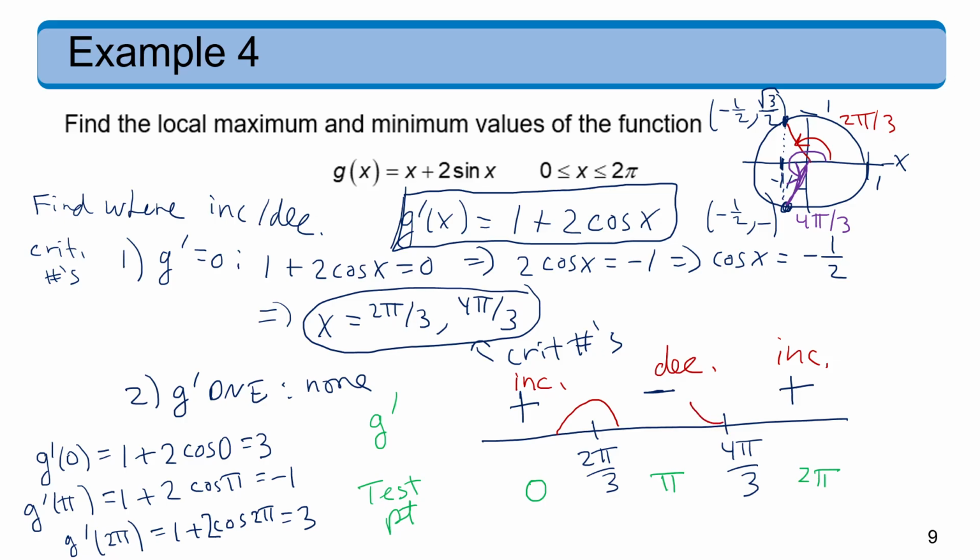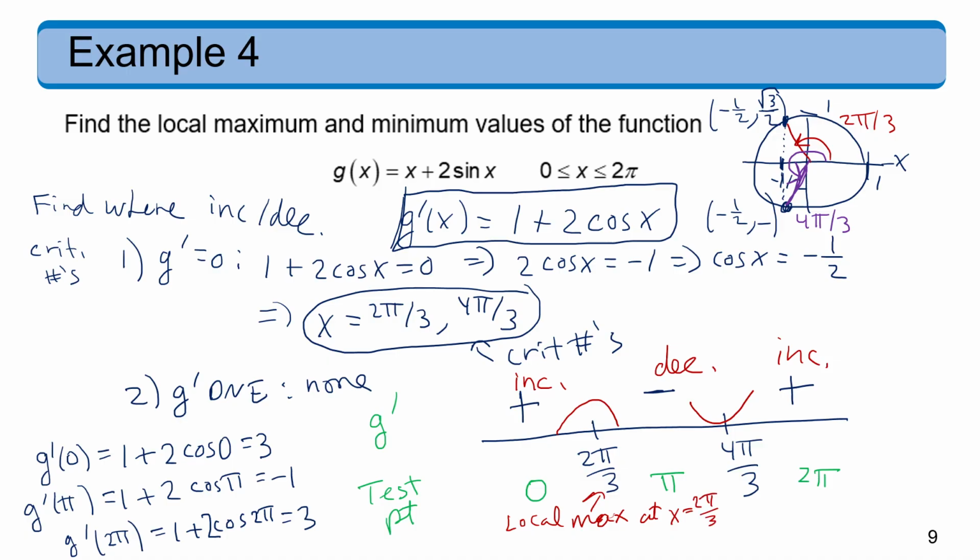When we get to 4 pi thirds, it switches to increasing. So that tells us where our local max and min are. So we can see we have a local max at x equal 2 pi over 3.